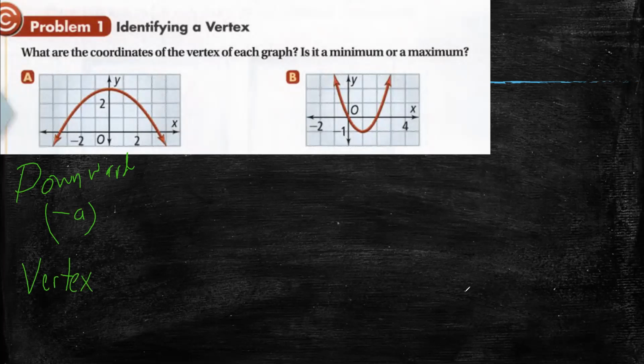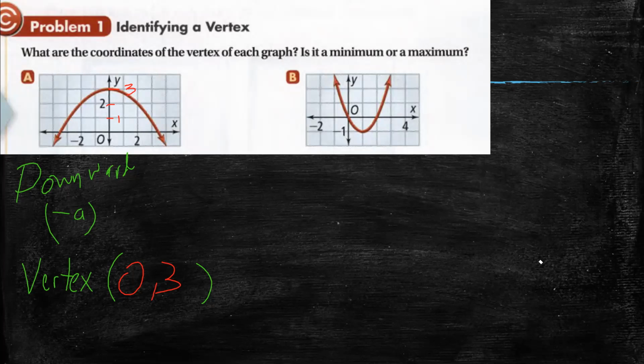Now, what are the coordinates of the vertex? So what I have to say is vertex, open two brackets. Now, what are the coordinates here? Look here. Each cube is 1, so this is 1, 2, here is 3. So I will say (0, 3). Is it right? Yes. And the negative sign?